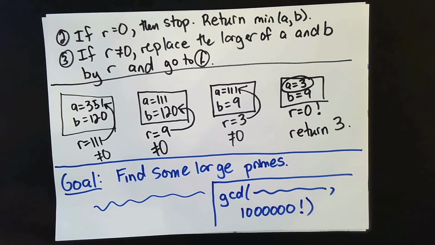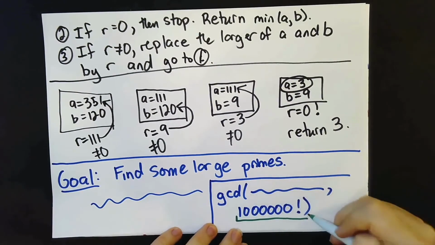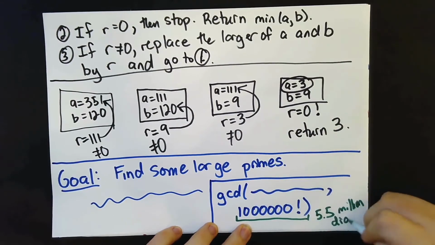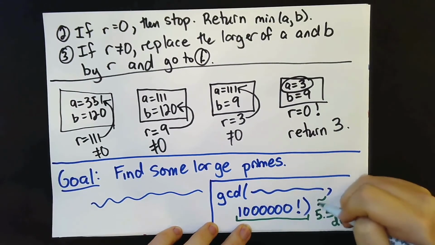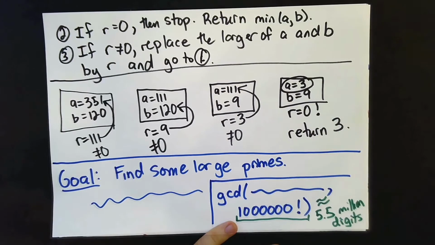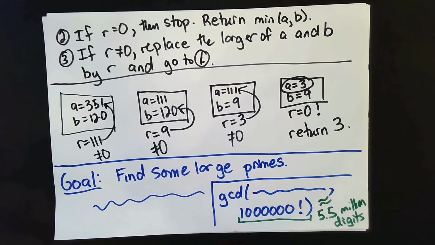Now, pause for a moment to appreciate how absurdly, ridiculously large 1,000,000 factorial is. Even though this number is preposterously large, about 5.5 million digits long, and way, way, way larger even than our ridiculously large number that we want to be prime, this algorithm will run almost instantaneously on a modern computer with this gigantic 5.5 million digit number.